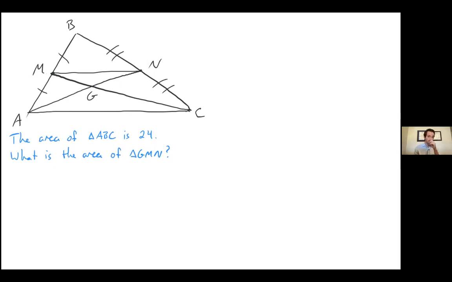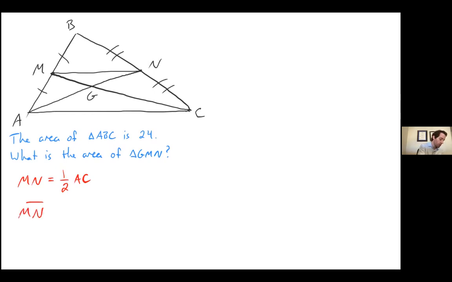First of all, let's look at the fact that ABC and GMN have a base that is kind of similar. You'll be familiar with the fact that MN is equal to 1/2 of AC, right? Think about this. It's from the mid-segment theorem.